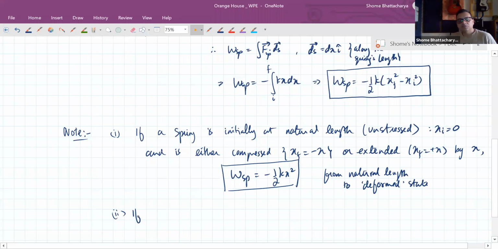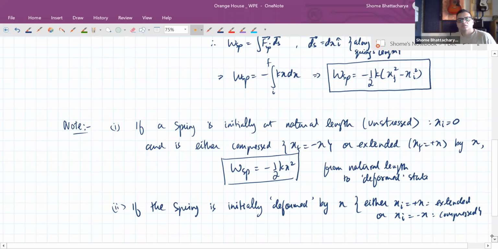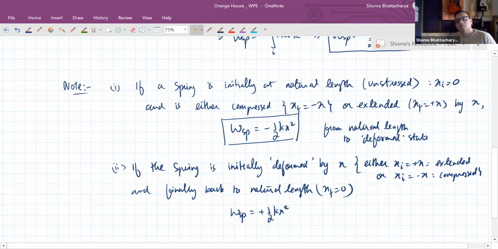Whereas on the other hand, if the spring is initially deformed, that is either x initial is plus x, extended, or x initial is minus x, compressed, and finally back to natural length, so x final is 0, then work done by the spring will be plus half kx square.